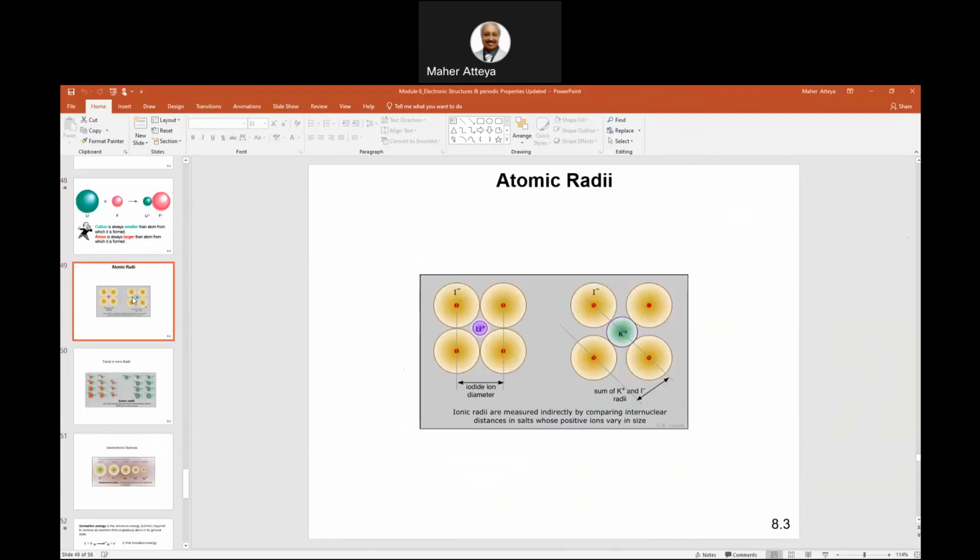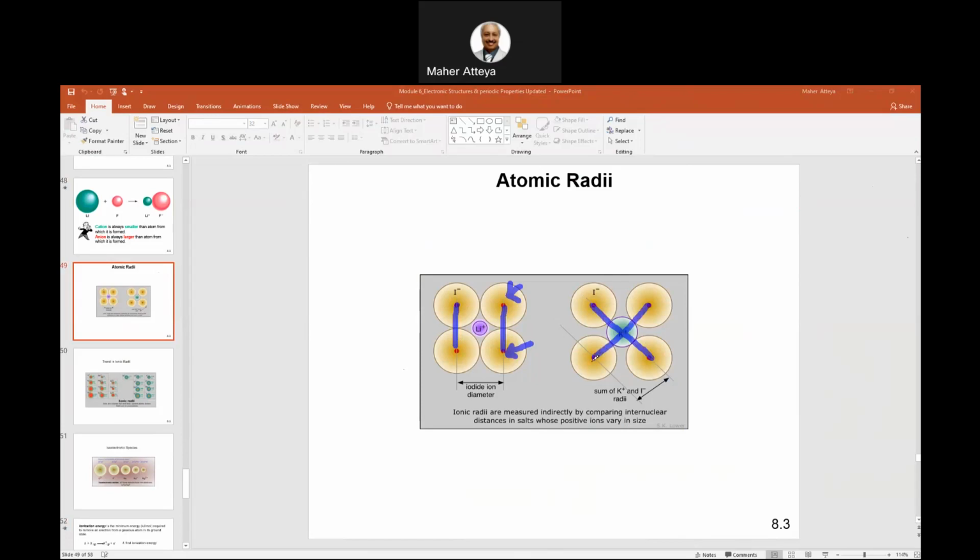This is the definition of atomic radius. Atomic radius is the distance between 2 adjacent nuclei. So I have here this nucleus A, and this is nucleus B. The radius is from this to this, from this to this.